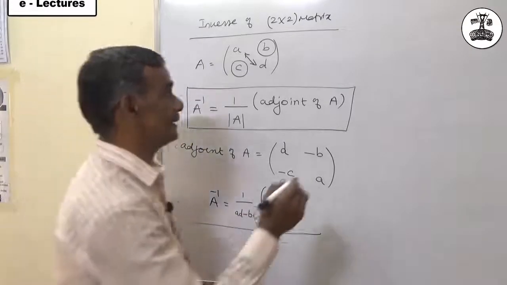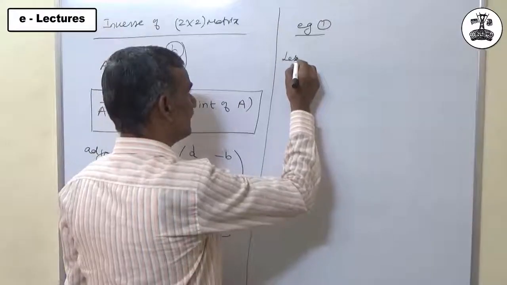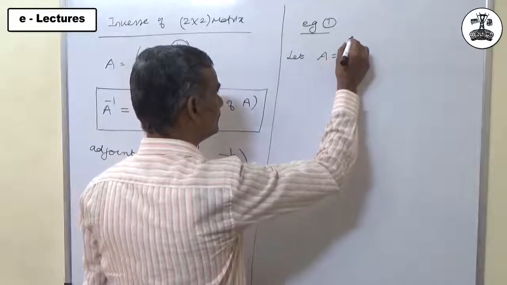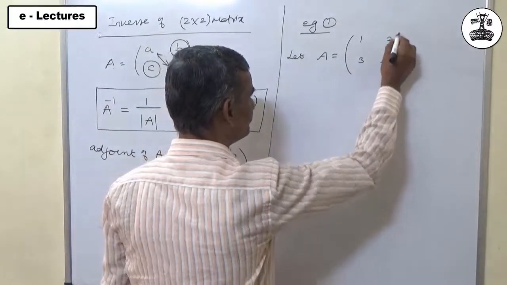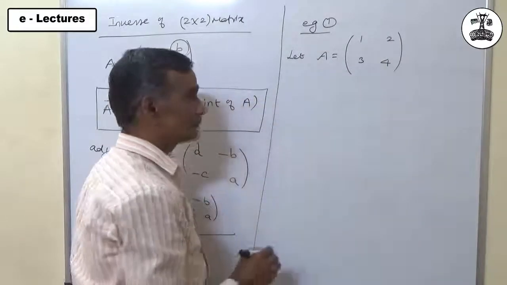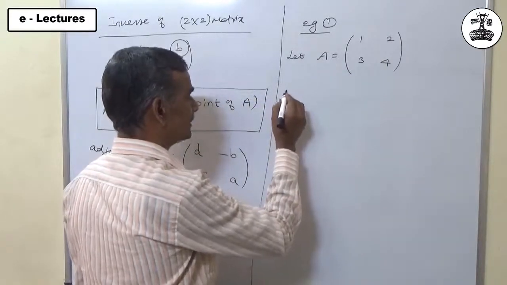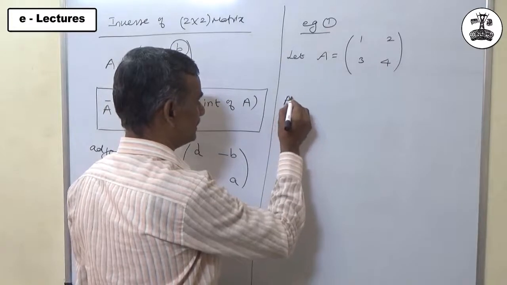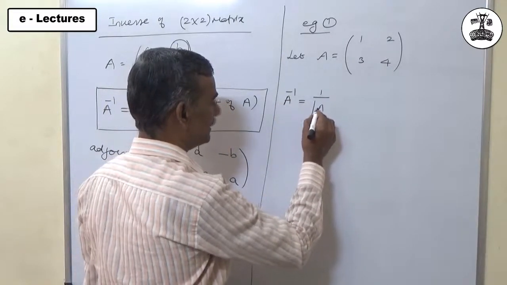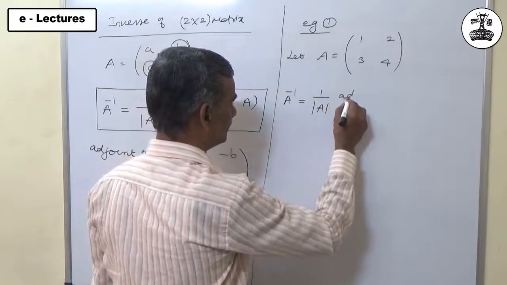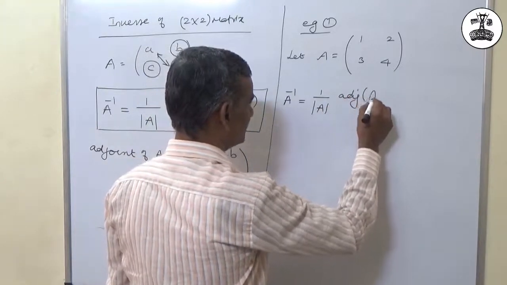So example is, let A is equal to 1, 2, 3, 4. So we are going to find the inverse of A. So first A inverse equal to 1 by determinant A into adjoint of A. முதல்ல formula எழுதிக்கணும். Right.